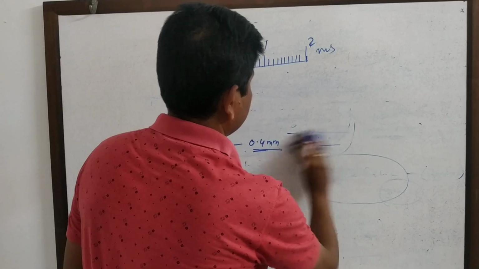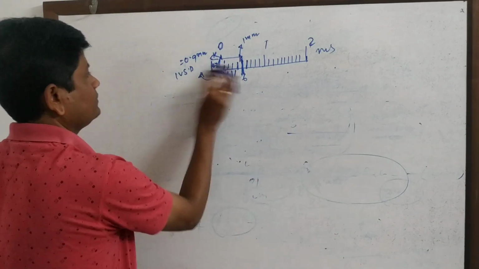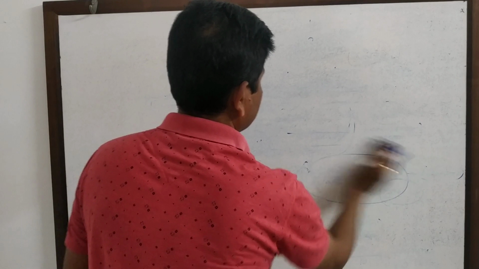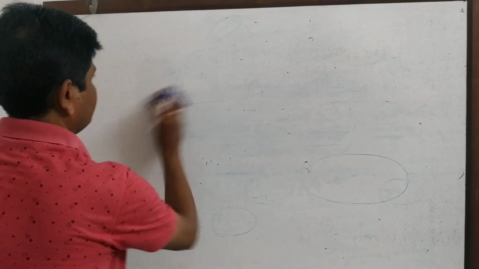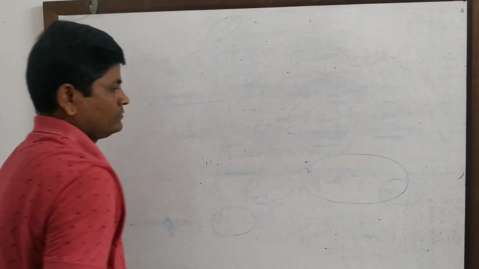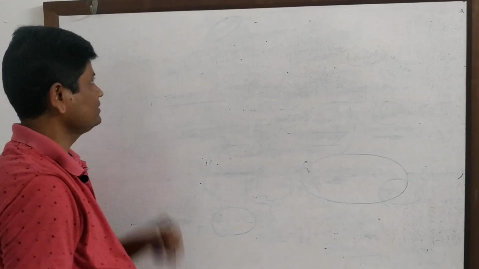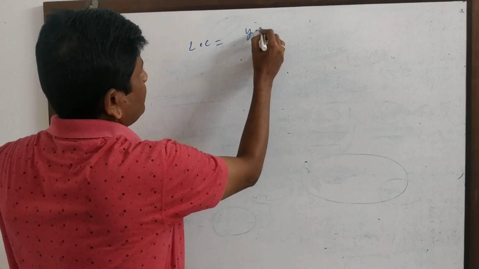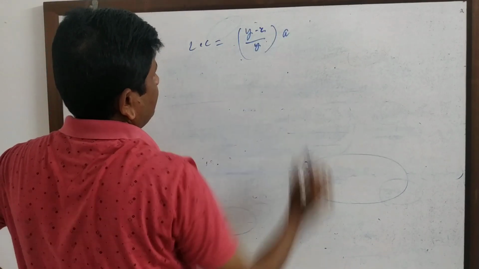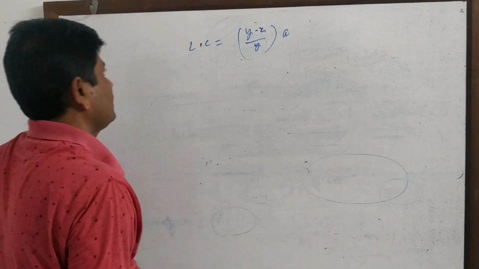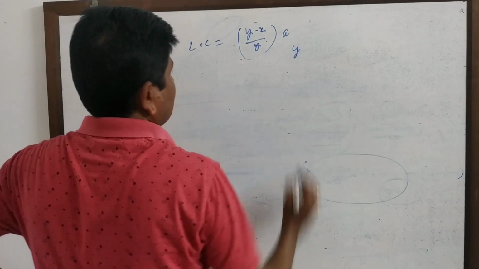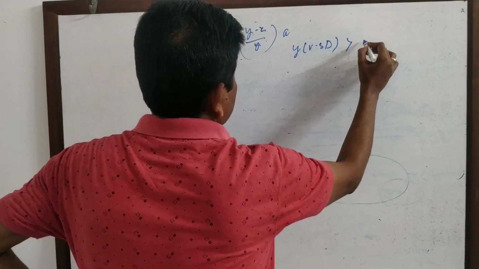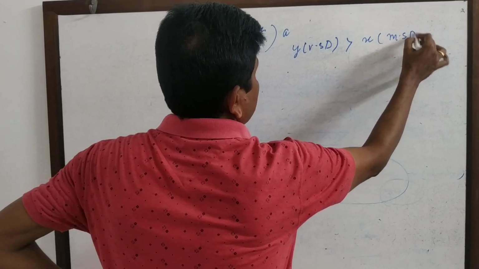In the cases we discussed here, least count is equal to y minus x by y into a calibration, where the number of divisions y, VSD, that is vernier scale division, is greater than x, the number of main scale divisions.